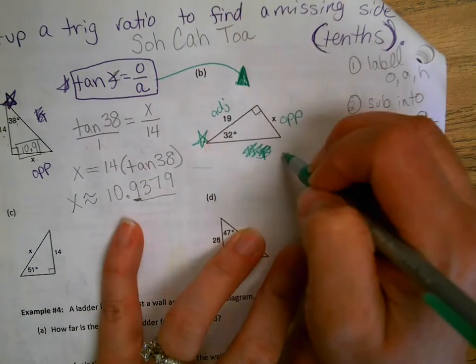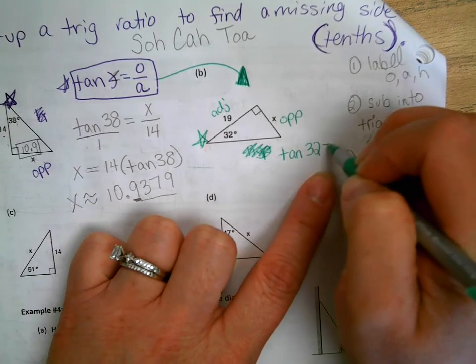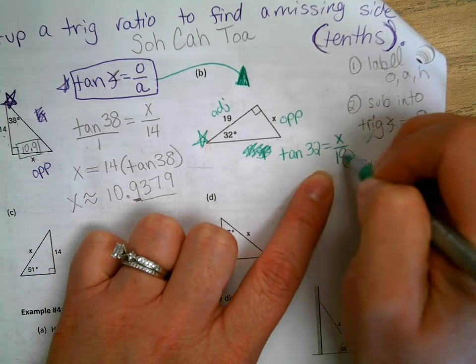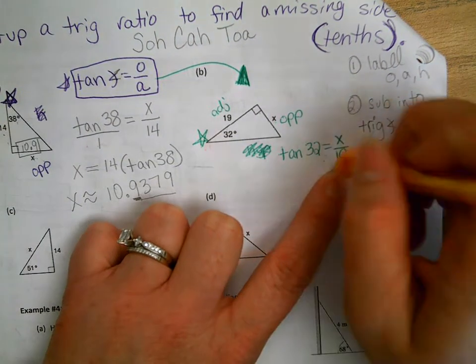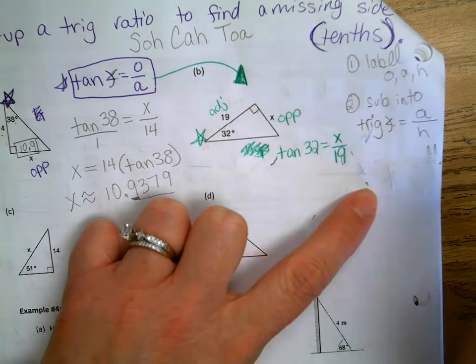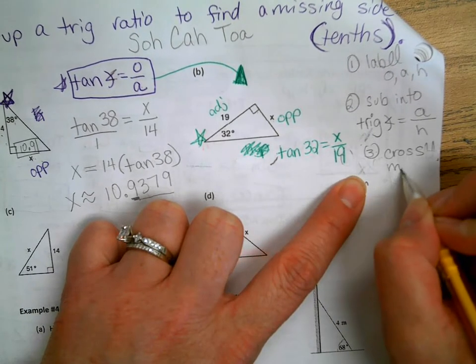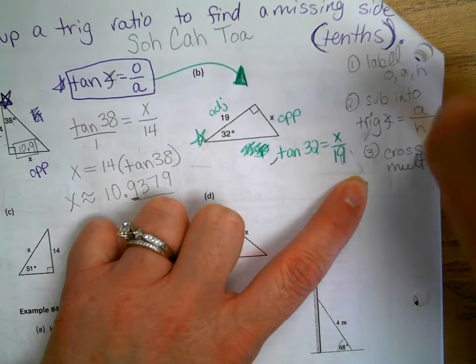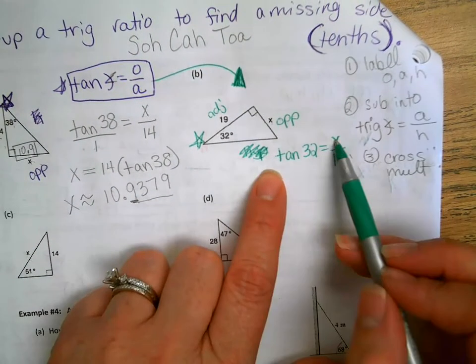So to set up our trig function, we're going to write tangent of 32 equals x over 19. Okay, step 3 was to cross. So tan 32 equals x over 19.